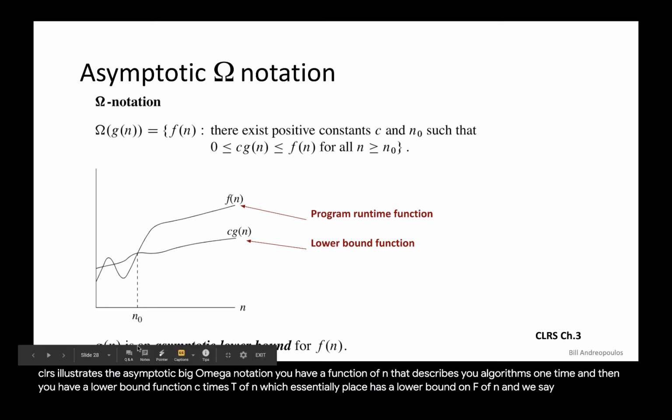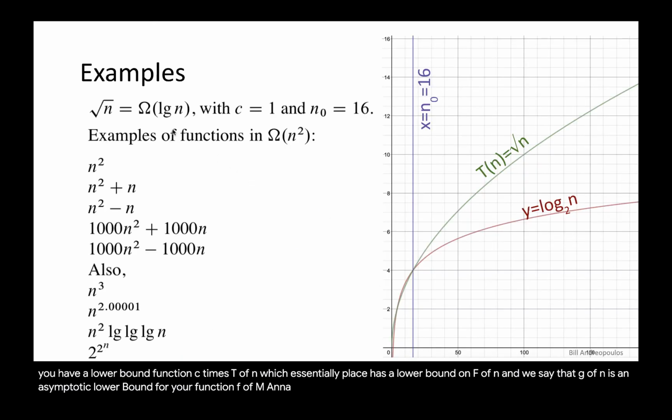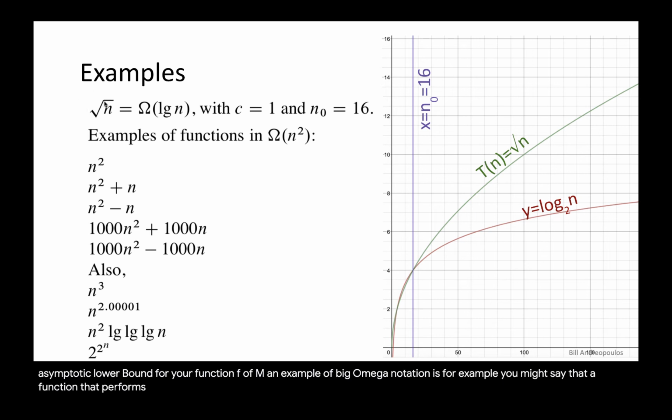And we say that g(n) is an asymptotic lower bound for your function f(n). An example of big omega notation is, you might say that a function that performs square root of n steps is big omega of log n. And in order to illustrate this relationship, you could choose c equals 1 and n0 equals 16.